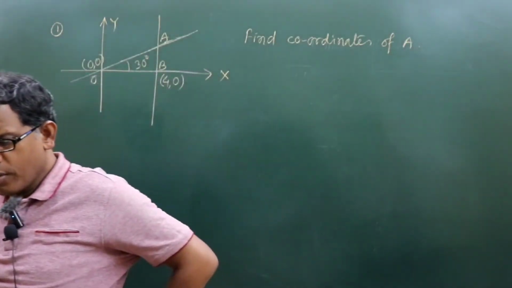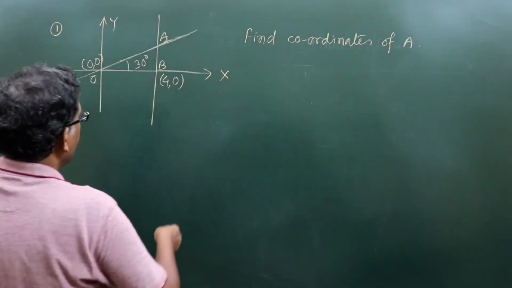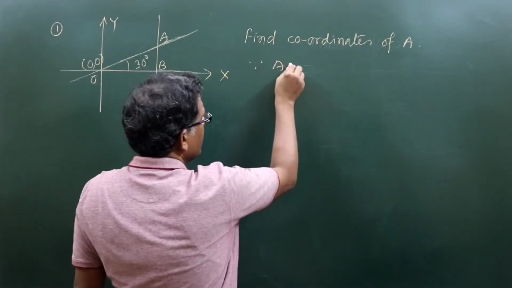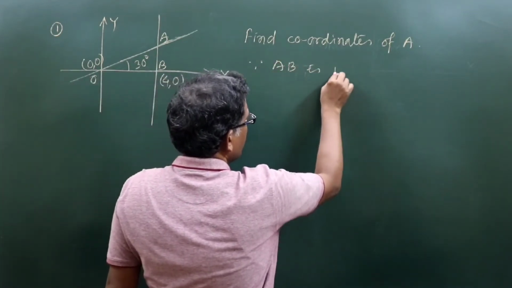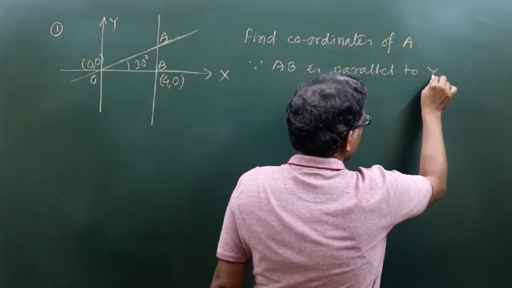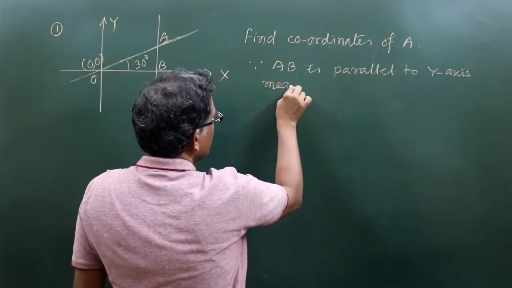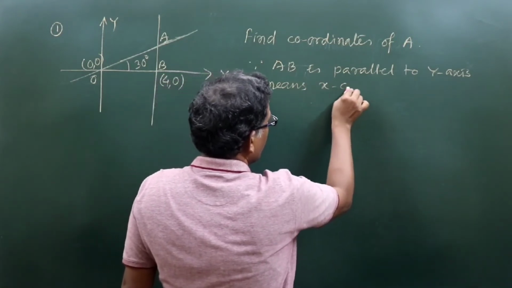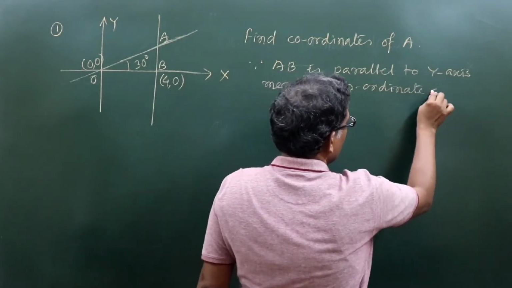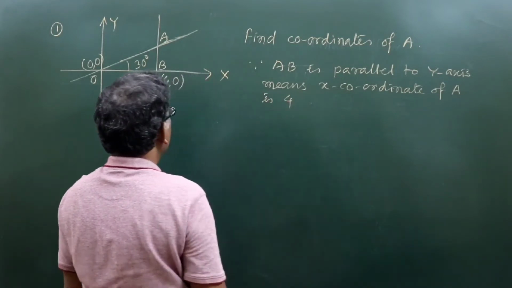Could you follow the question? Yes, find the coordinates of A. Since AB is parallel to the y-axis, the x coordinate of A is 4, right?